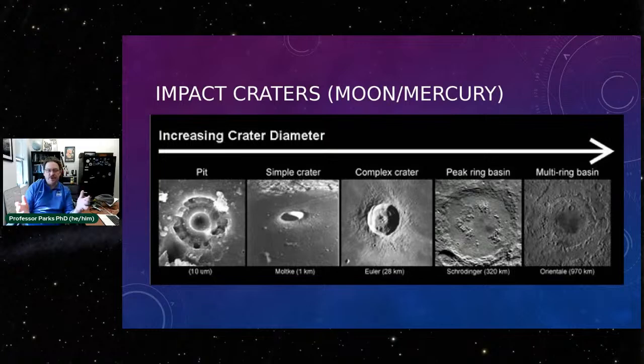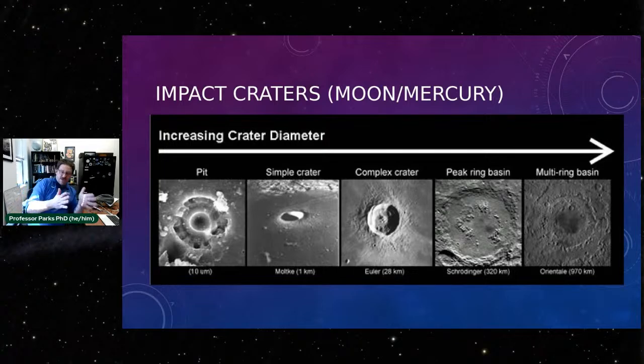If they're any larger than that, then the edges of them have been basically sandpapered down due to erosion, either rain or wind or both. So you really don't get to see any of these craters that we see on Mercury and the Moon.